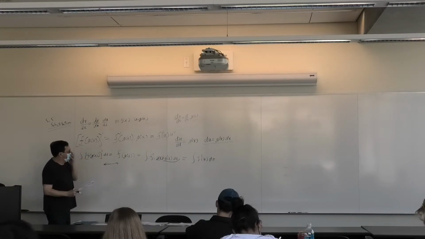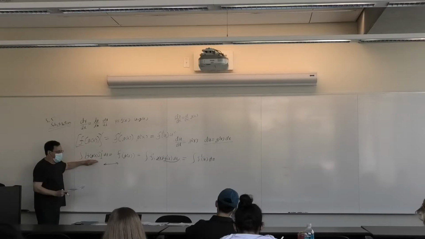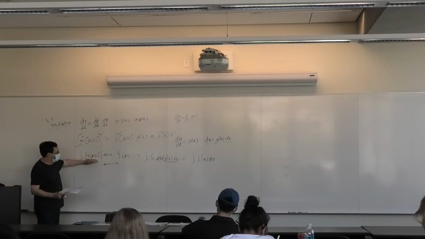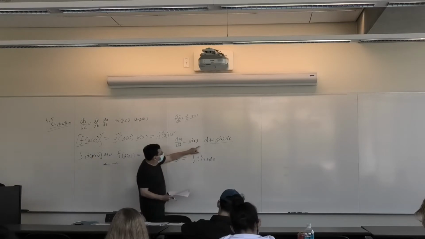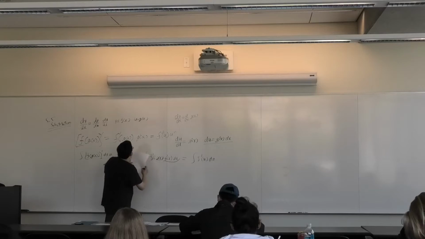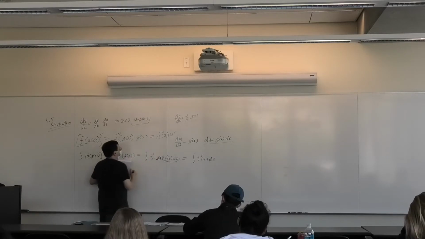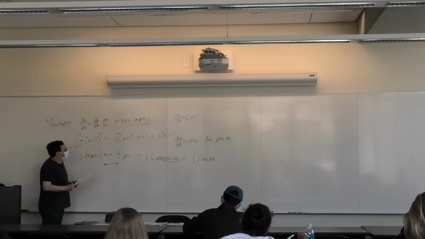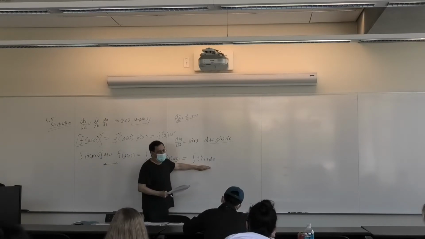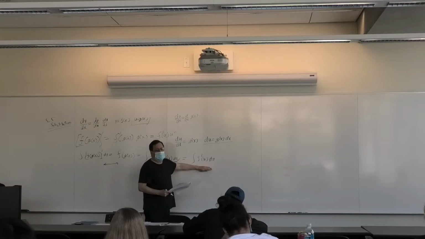Now, what's this all about? I have some integral that I'm trying to figure out. I'm trying to find its antiderivative. I make some kind of substitution here, some g of x, and I'm hoping that what I get is simpler and that I can compute.